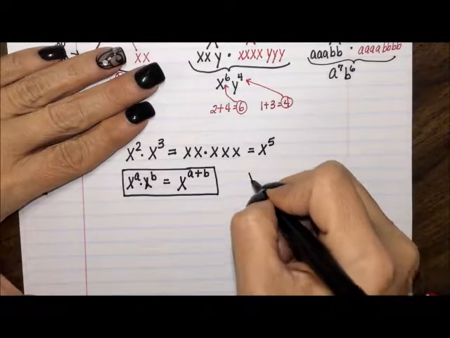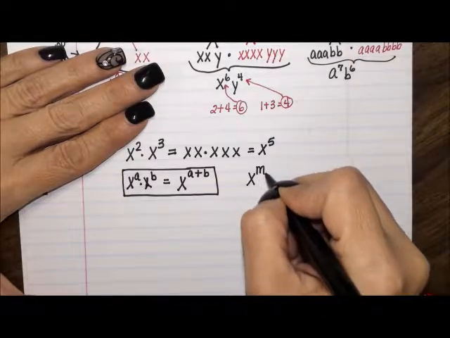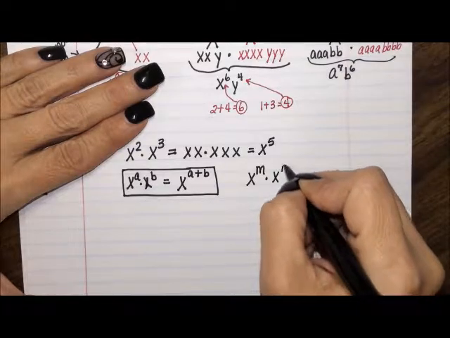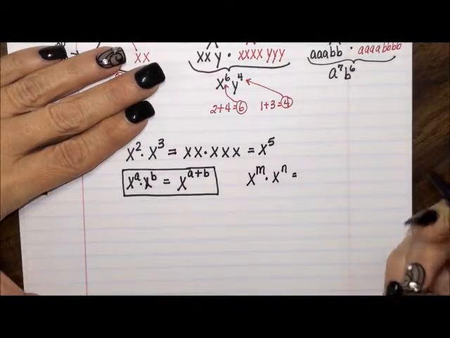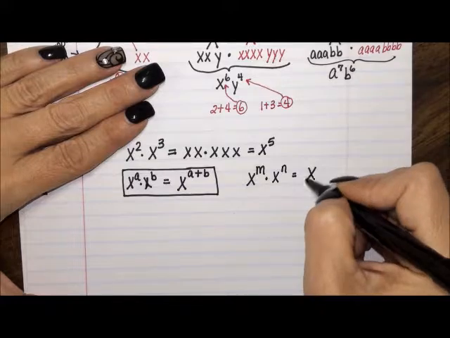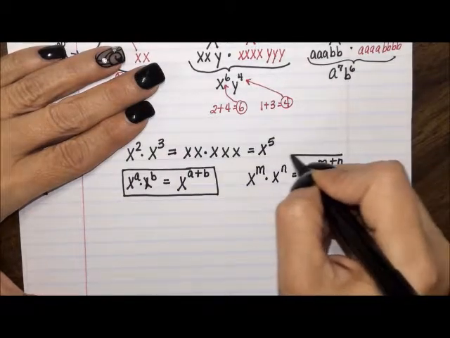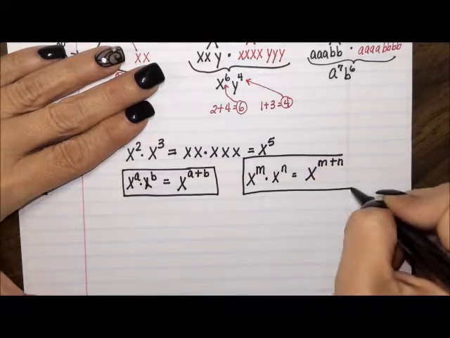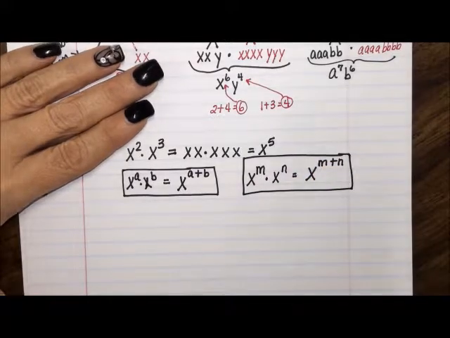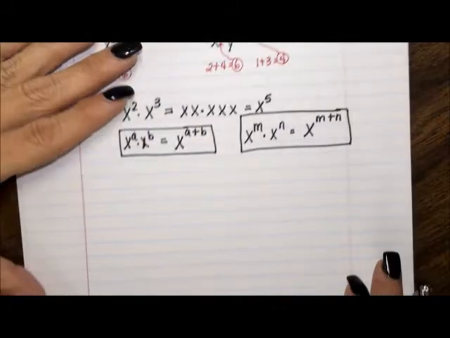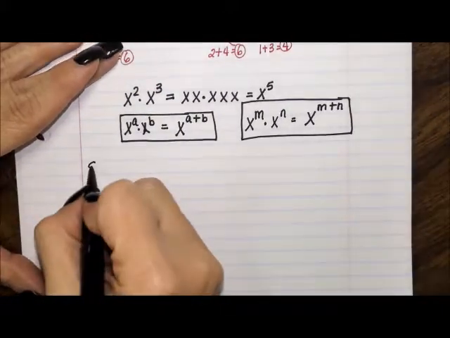Another way, sometimes you will see this written, is x to the m times x to the n. I don't really know why we use a and b or m and n. I would say this is m plus n. Either way, all I'm doing is saying that I'm adding the exponents. All right, so let's try an example.